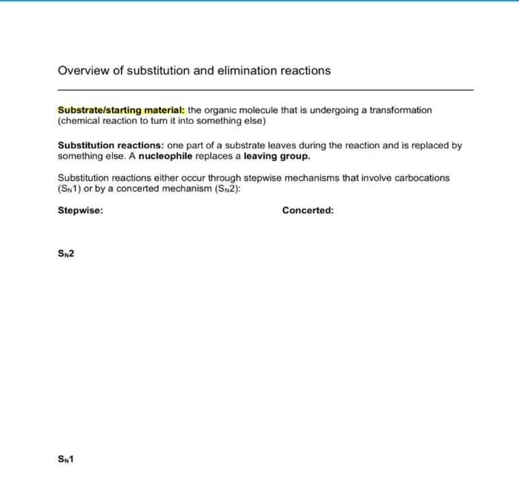So let's look at details about each of these pathways, as well as a little more information about what stepwise and concerted means. So the stepwise variety of substitution is called SN1. And what we mean by stepwise is that the reaction happens in a series of elementary mechanistic steps.